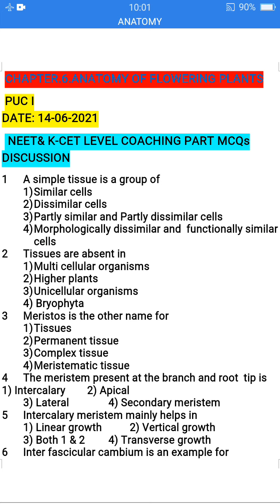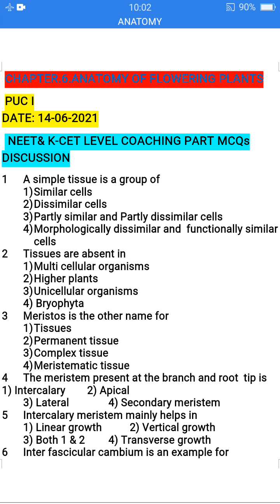Let me explain this question once again, students. Intercalary meristem mainly helps in. Let me take an opportunity to give an example of intercalary meristem. Grasses, which belong to monocots, comprise intercalary meristematic tissue. These intercalary meristematic tissues mainly help in linear growth and vertical growth.